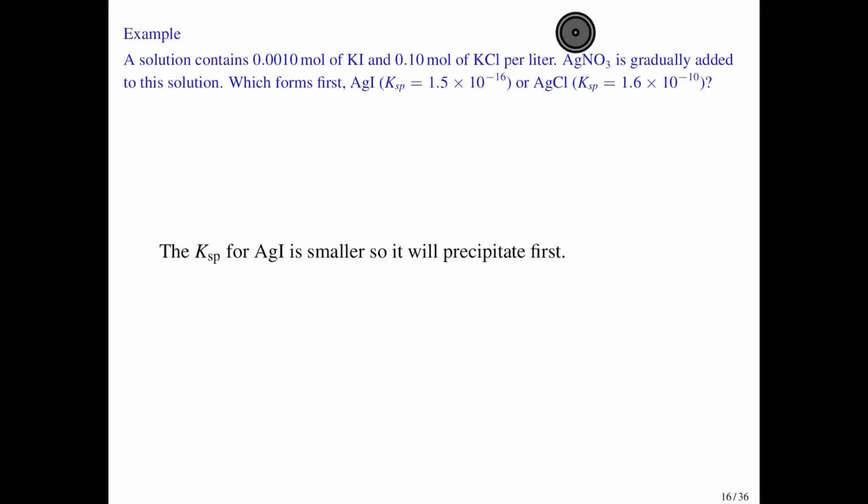And the question is, which of the precipitates will form first? To figure that out, we need to compare the two KSP values. For the silver iodide, the KSP value is much smaller than the KSP for silver chloride. That means that the silver iodide is much less soluble, hence it will precipitate out at a lower silver concentration than the silver chloride.